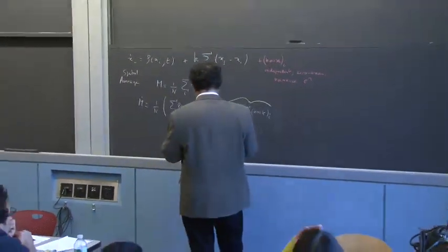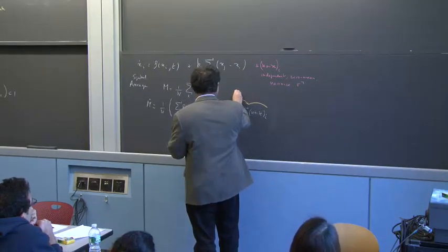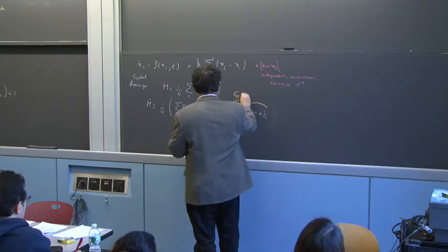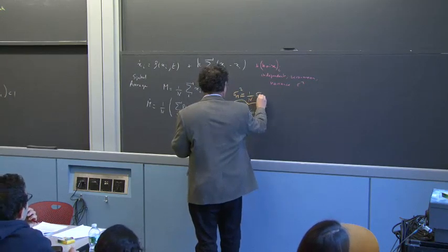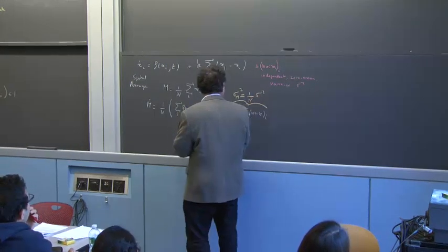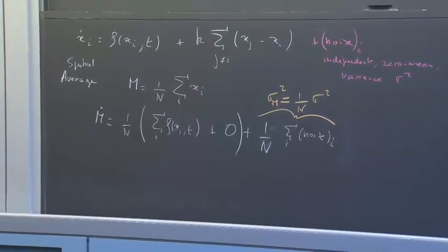So you end up with the variance of this: let's call it sigma sub m squared, equal to 1 over n times sigma squared.